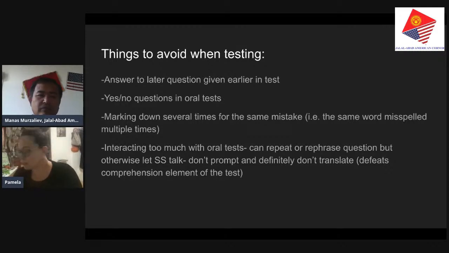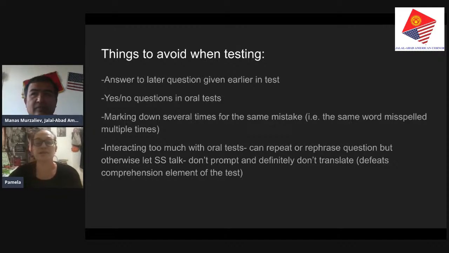I really want to get to question and answer. I know we only have a couple minutes left, but these are some of the extra things. Don't give an answer to a later question. Make sure that every question that you give is new, and no yes, no, in oral tests.